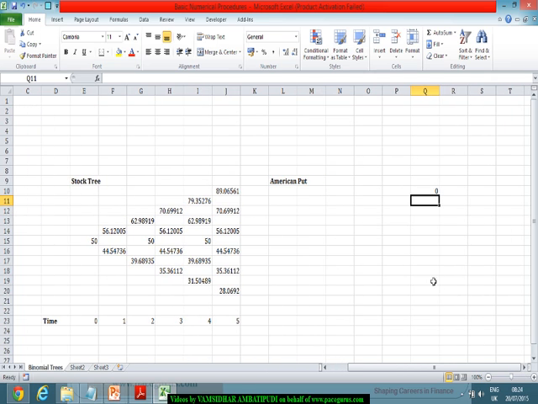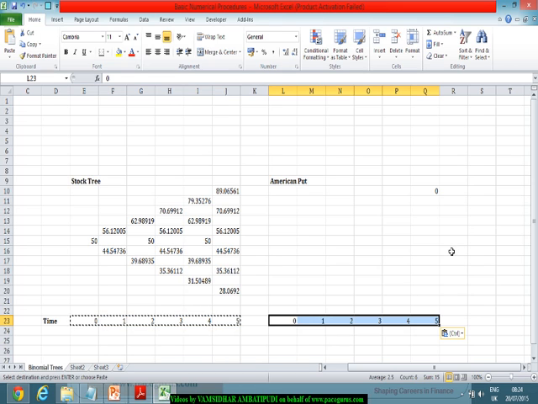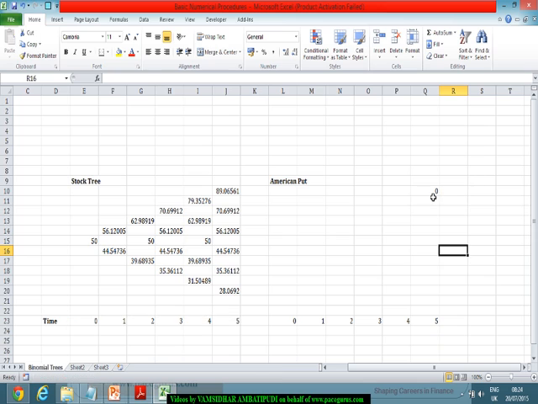So in period 5, let me again repeat the periods here as well. In period 5, if the stock price goes to 89, the option becomes worthless, so it is having a payoff of 0. The same way for all the different possible prices. So these are the payoffs that are possible.